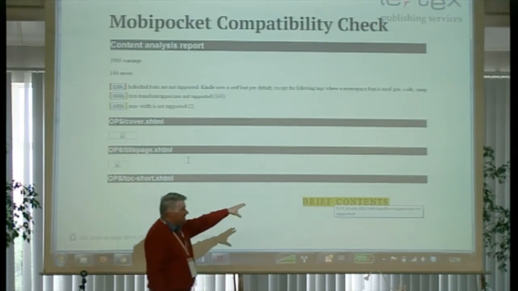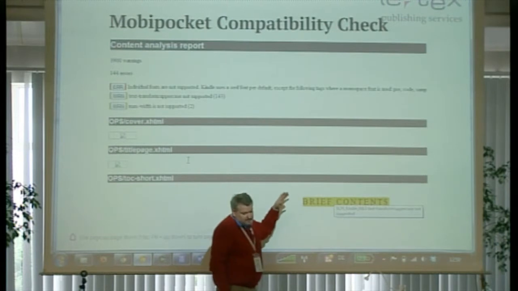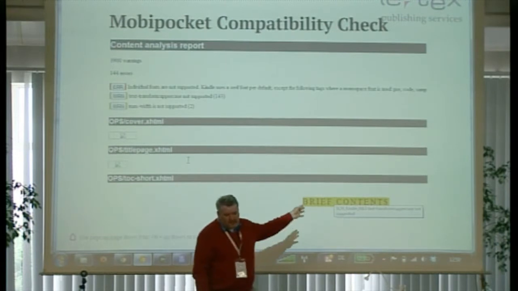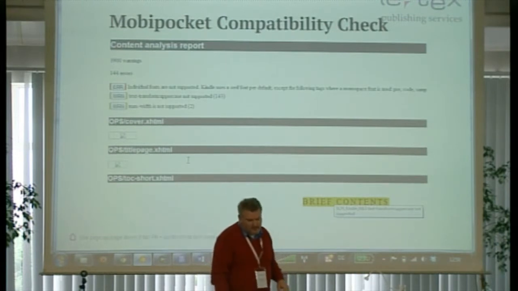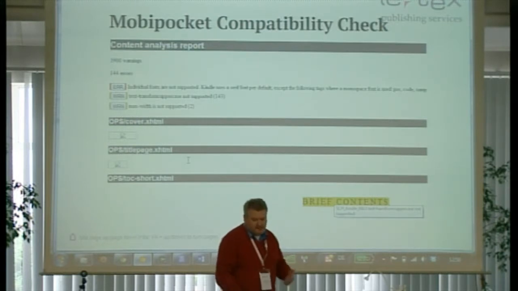So we see it uppercase here, but the warning is, and you can check it then in that report, that the old Kindle, the mobipocket format, can't display that properly. And it's not that bad that you wouldn't publish it, but you get a warning that you can act upon.